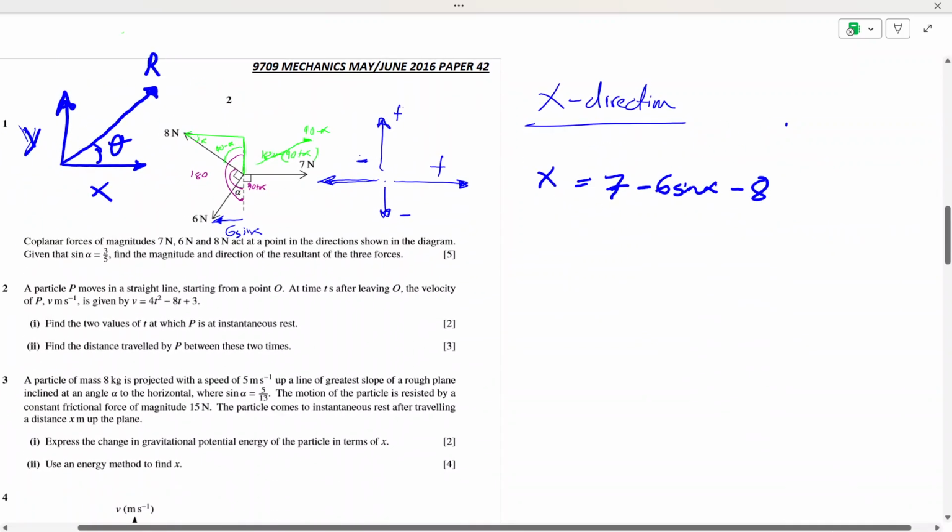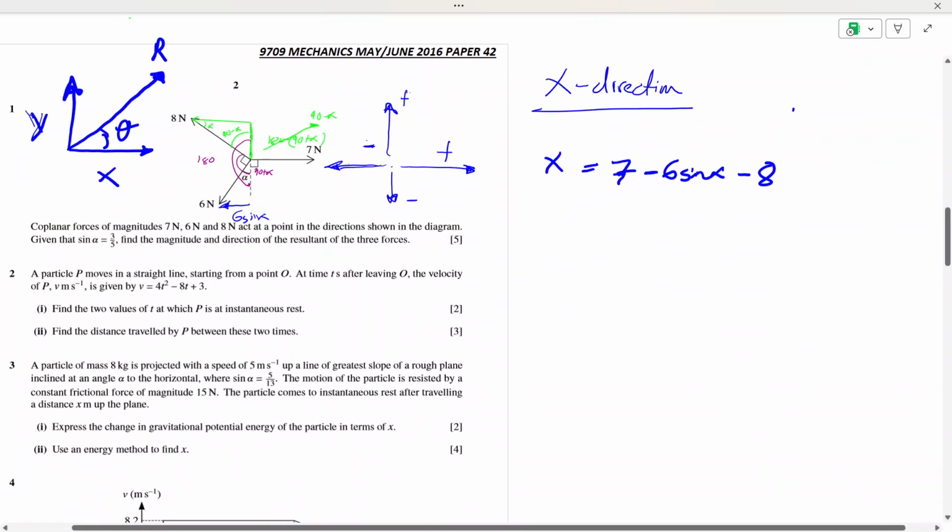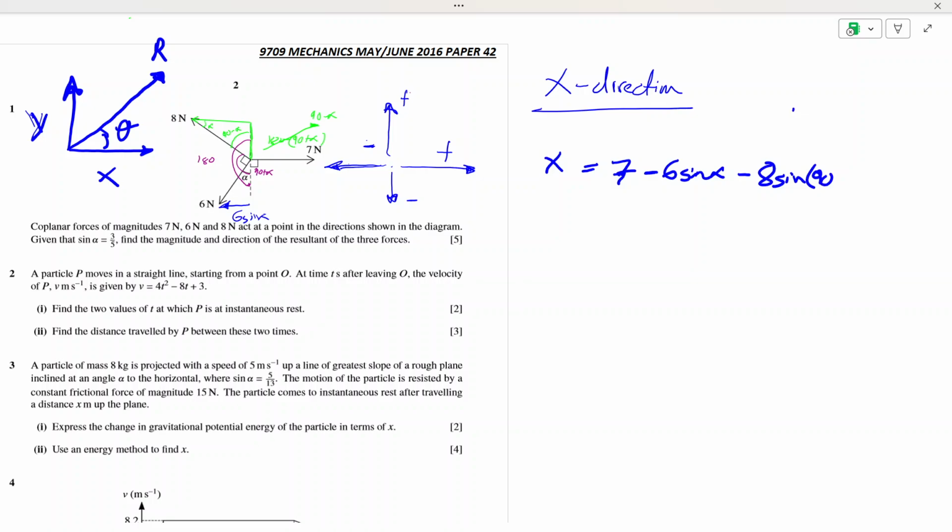I could either use 90 minus alpha or just alpha, but to make things simple I'm just going to use alpha, because if I write sine of 90 minus alpha to resolve in the horizontal direction, this whole thing simply equals cos alpha. So I'll write cos alpha.